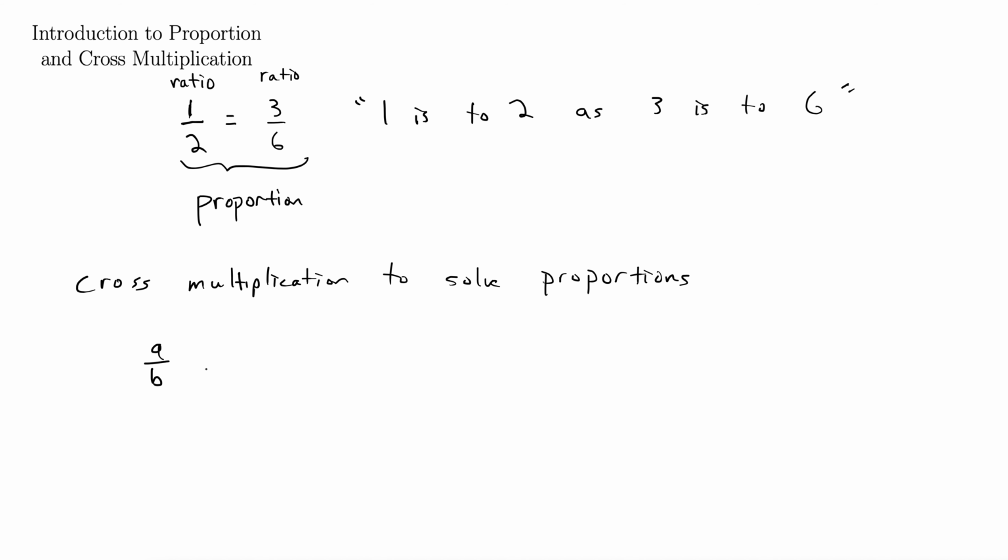When you have A over B equals C over D, we call it cross multiply because we take these bottom two and multiply up like that. Right, so this gives us AD equals BC. And we call this entire process cross multiplication.